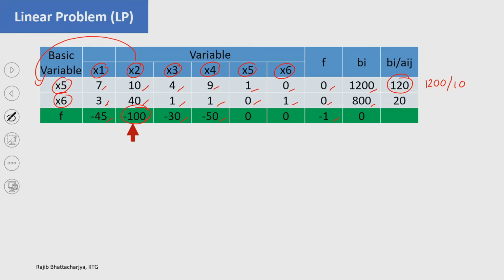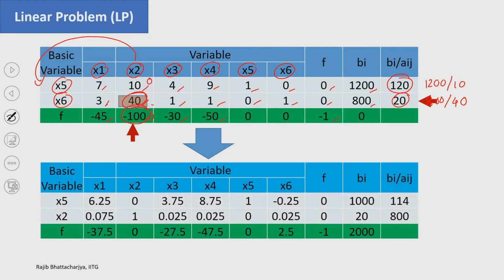So, I am getting 120, and this is 800 divided by 40. So, I am getting 20. Okay. So, what I have to do here? I have to take the minimum one, that means 20. So, therefore, this is my pivoting element. So, what I will do? I will make this 1, and for others I will make it 0 and 0, something like that.